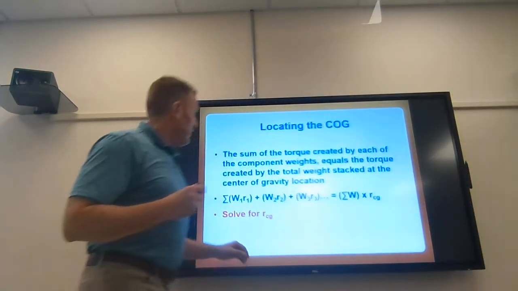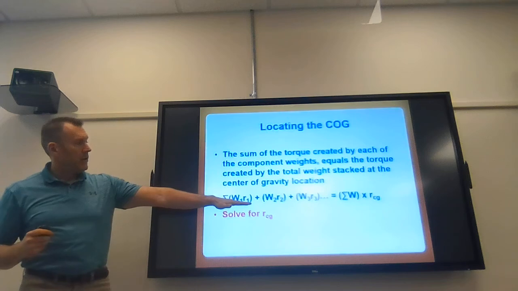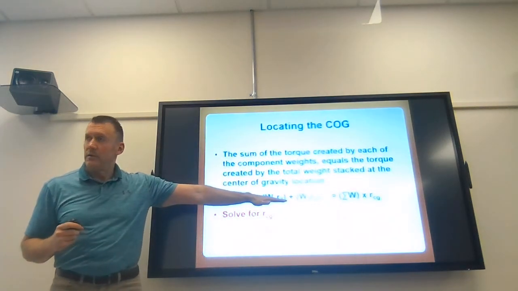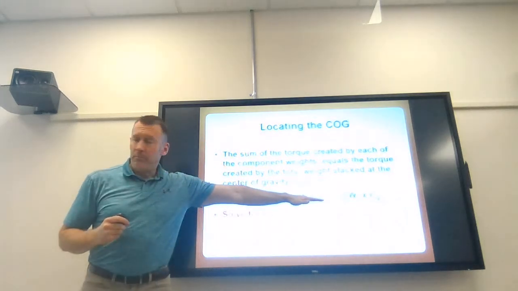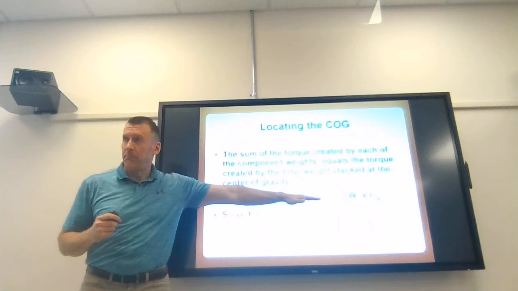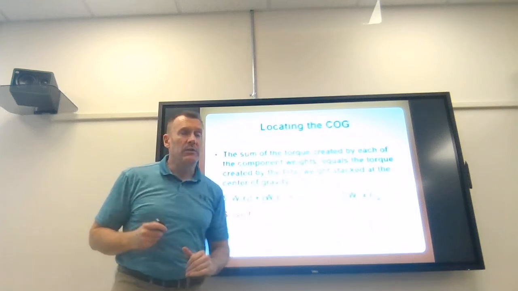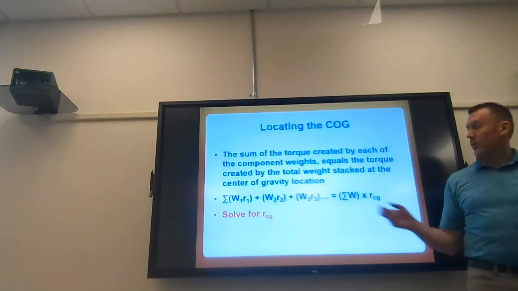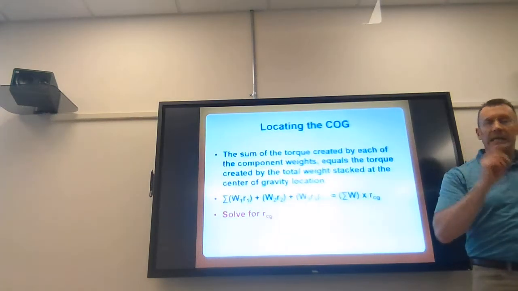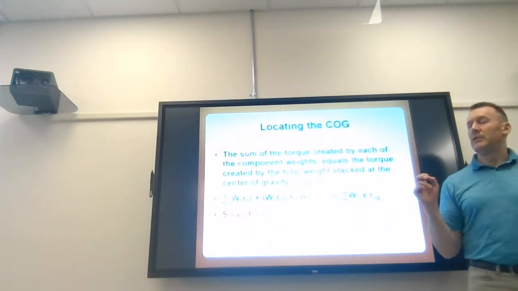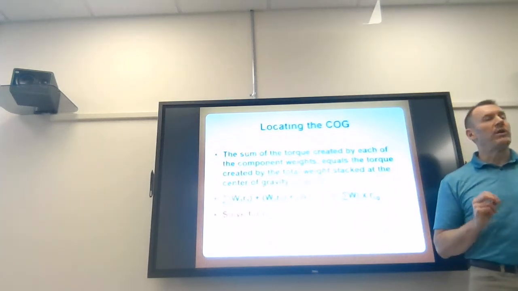Okay, so I want you to use this equation. So you're going to take the torque of each part, add them up to get the total torque, and you're going to set that equal to the sum of the weights in newtons. So you have 196 plus 196 plus 147.15.